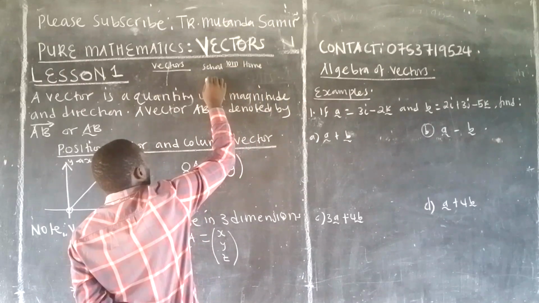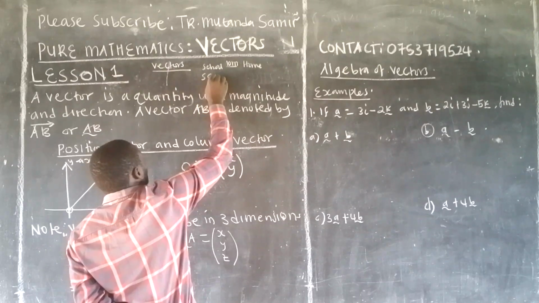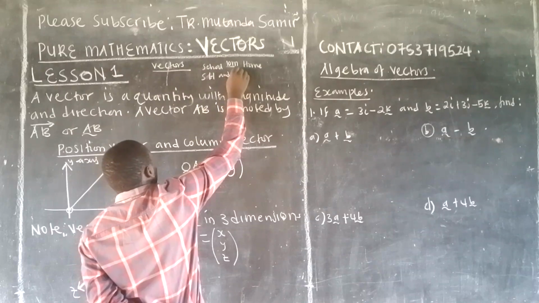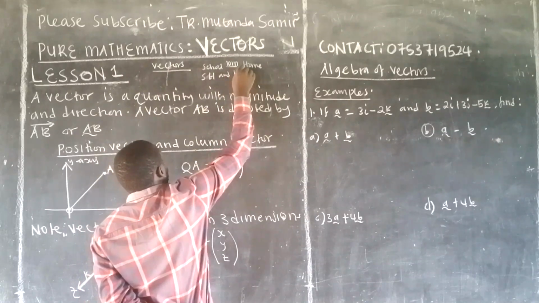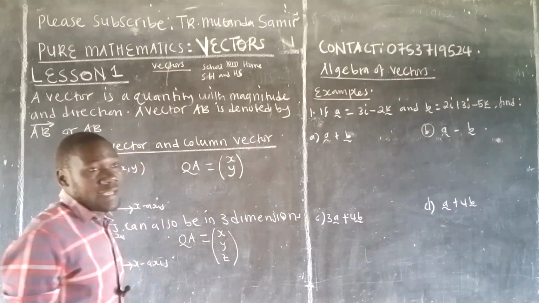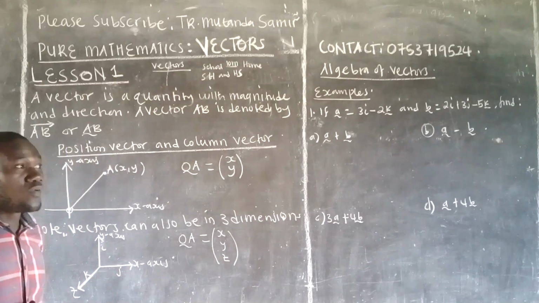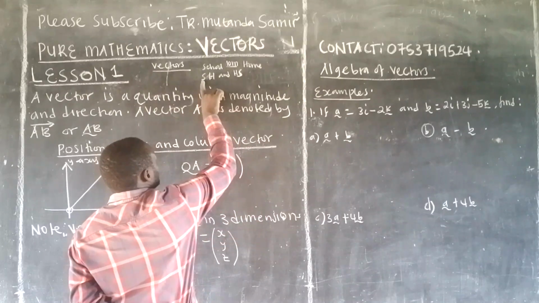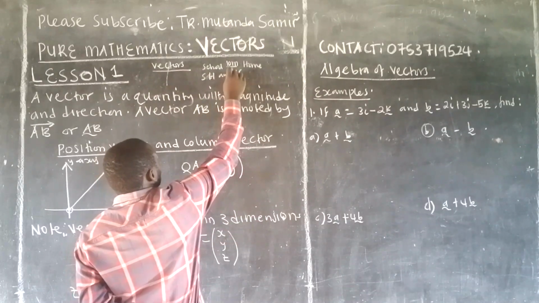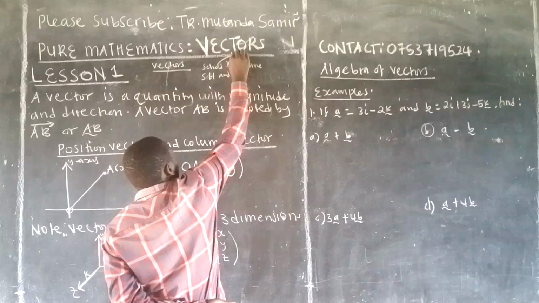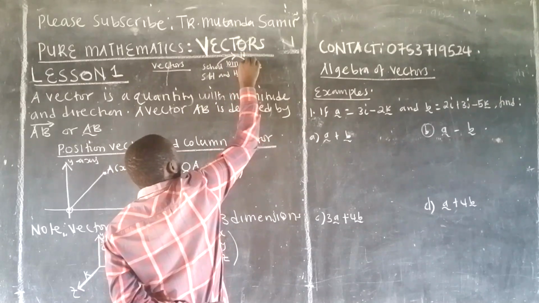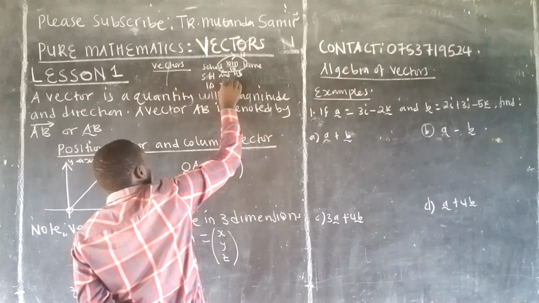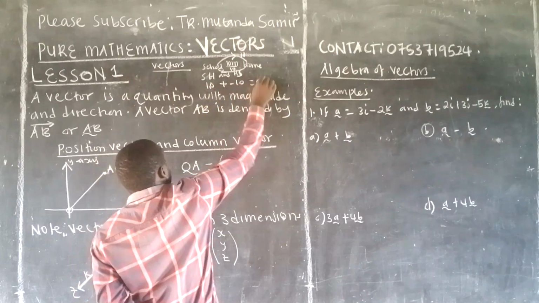If they ask you, what's the distance from school to home and from home to school, in the world of vectors we say the displacement covered will be 0. Why? Because from school to home it is positive 10, but from home to school it is negative 10.